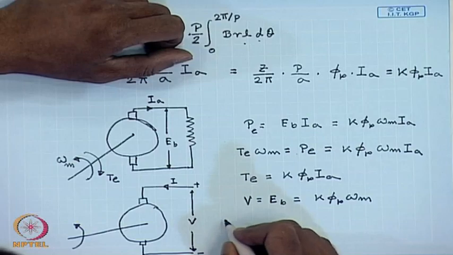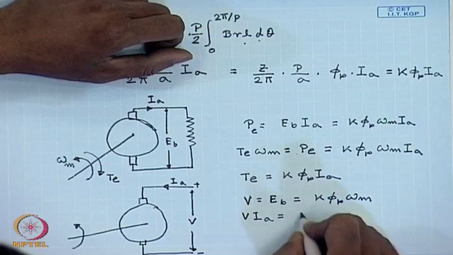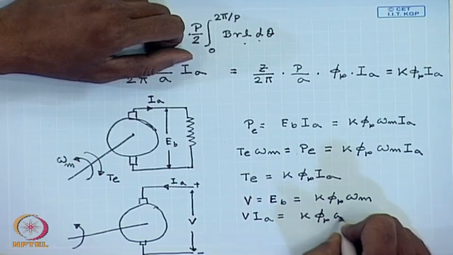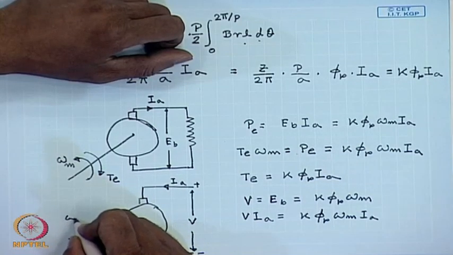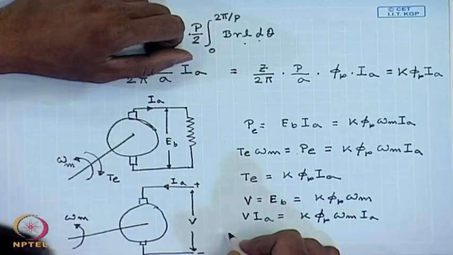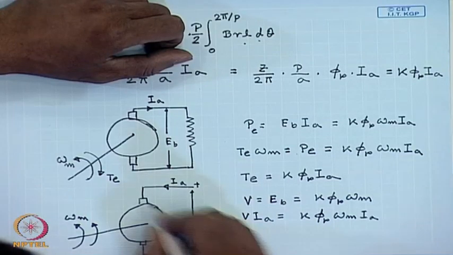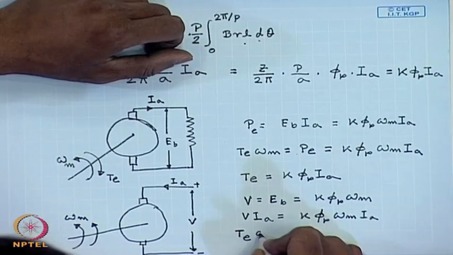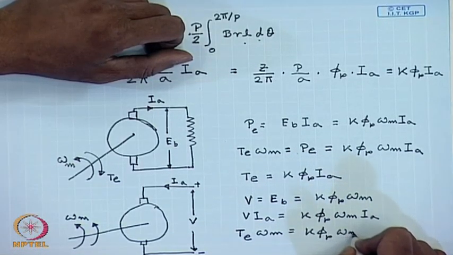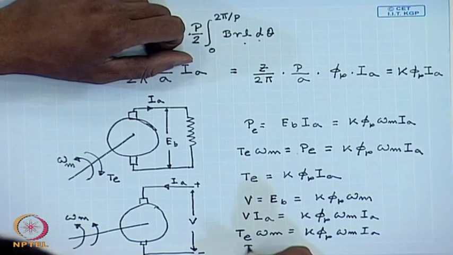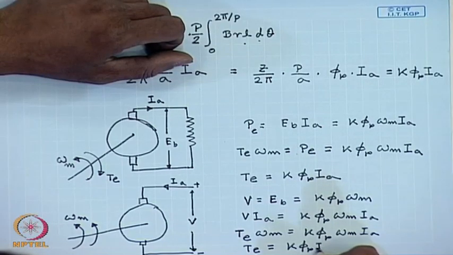Therefore, electrical power input to the machine is V I A equal to K phi P omega m I A. This must be the same as the mechanical work done. The direction of torque will also now change, because the direction of current has changed. So, T E omega m should be equal to K phi P omega m I A, or torque in the motor mode will also be given by K phi P I A.